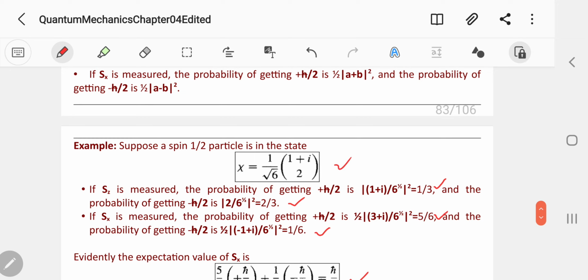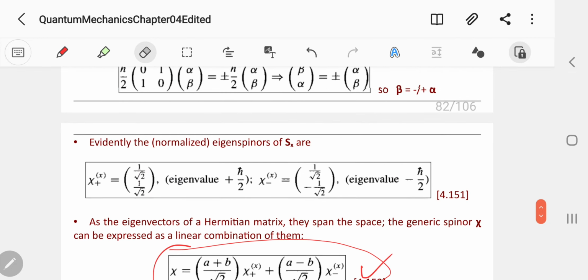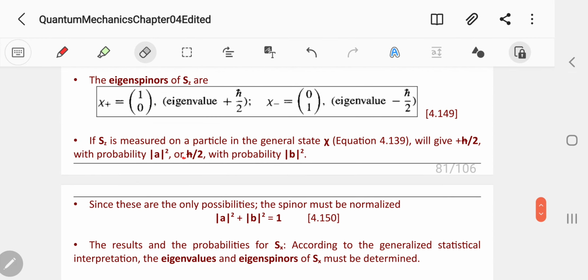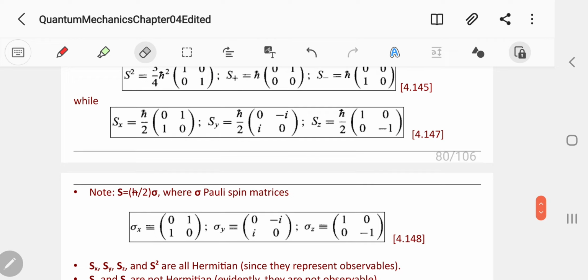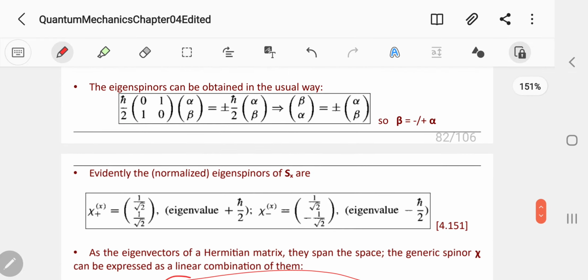This is just that one. And this is of course the Sx matrix here. This one here.